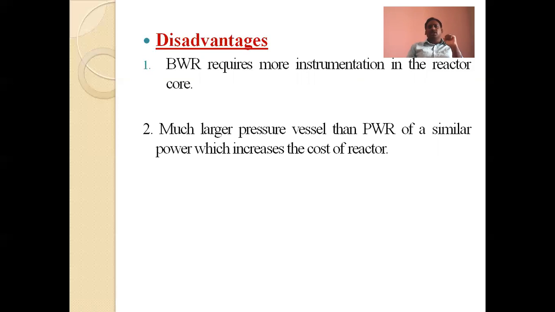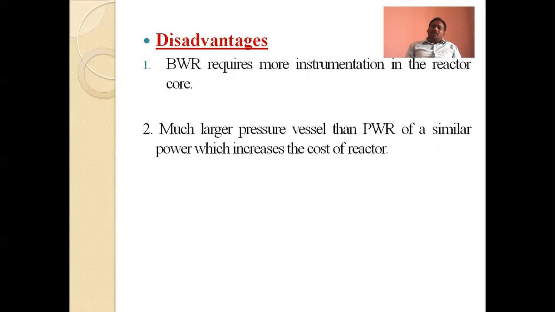The water directly converts into steam in the reactor itself. That's why the pressure on the water upper head is more. That is the meaning, but not the operating pressure of the reactor. Here it is pressure on the water, which means the upper head pressure is more. That is the main problem which increases the cost.